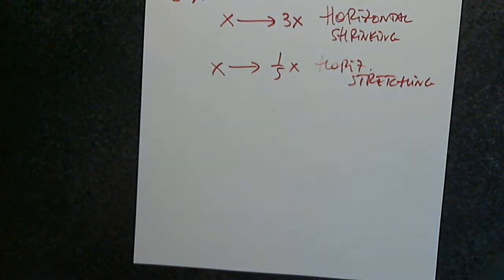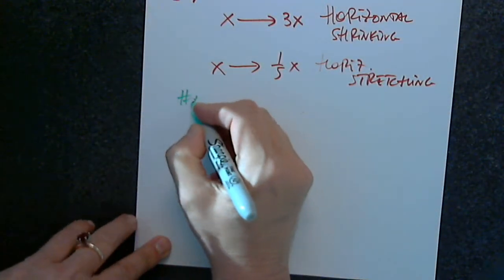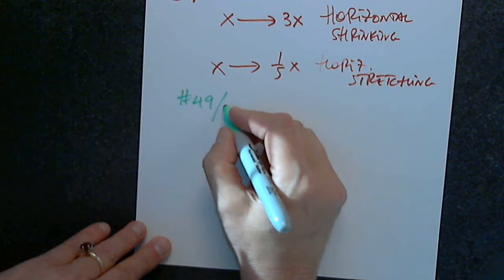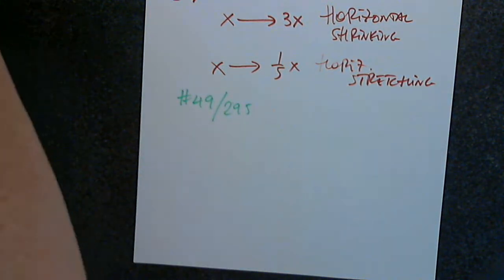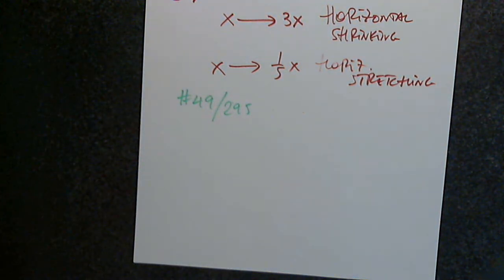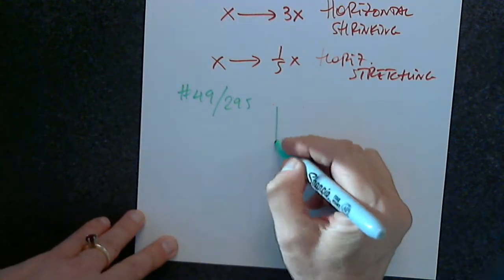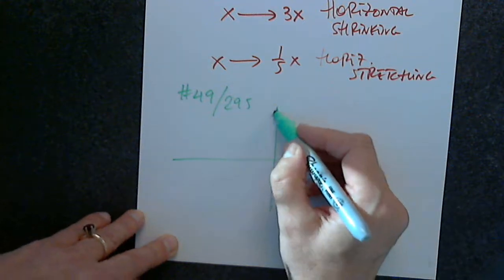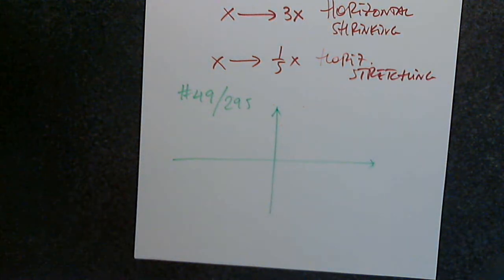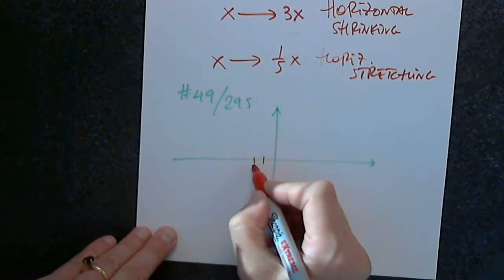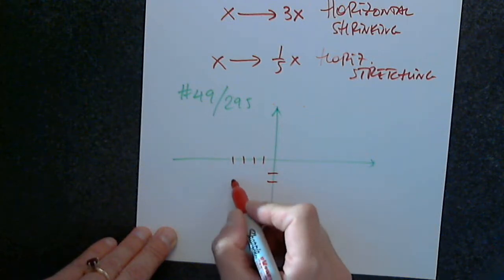So in 49, I'm going to copy the graph. So here's the graph. Very easy to copy. So let's do that. 1, 2, 3, 4, 1, 2.